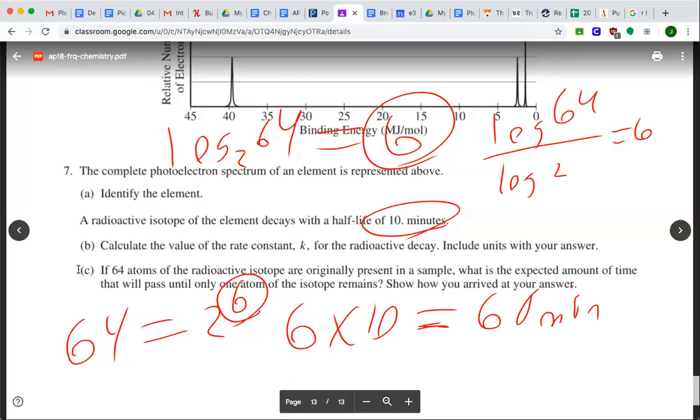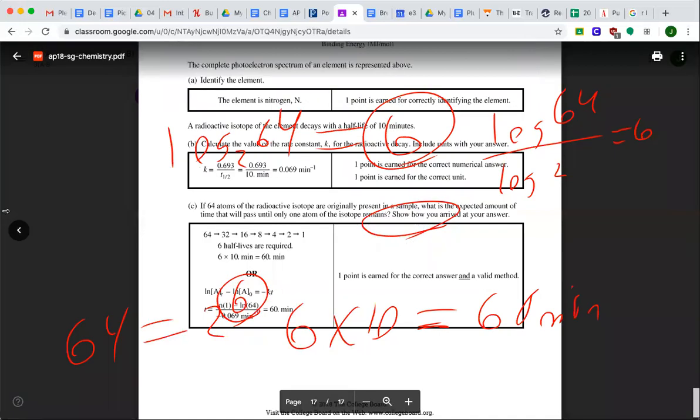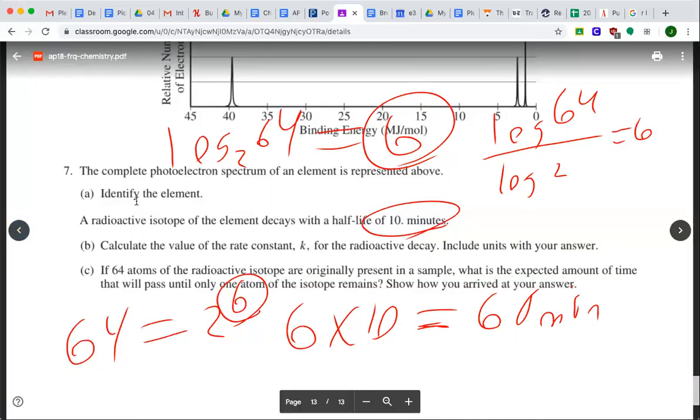I forget my change of base formula sometimes. So log base 10 of 64 divided by log base 10 of 2 equals 6. Yeah, that's correct. Good. Okay, 60 minutes. Yes, sir.